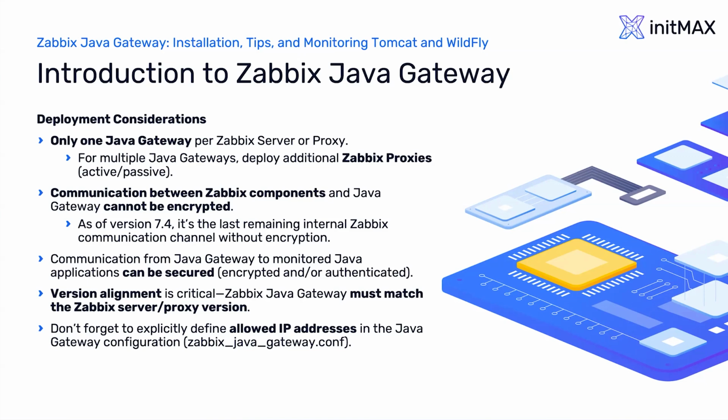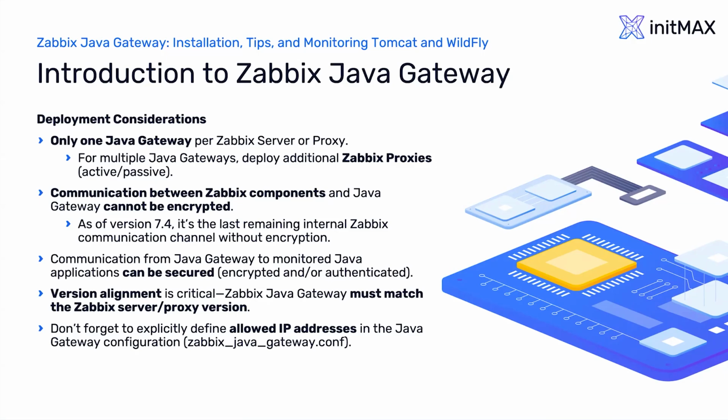But everything else, like the communication between the Java Gateway and the Zabbix proxy or the Zabbix server, cannot be encrypted. So it's basically going to be plain text passing through the network from Java Gateway to the Zabbix server or the proxy.